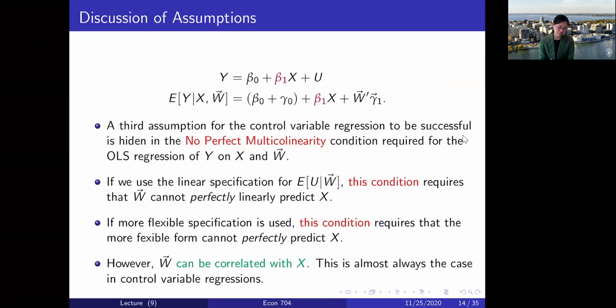However, the control variables can be correlated with X. It cannot be perfectly correlated with X, but they can be correlated with X. And in fact, the control variables are almost always correlated with X.